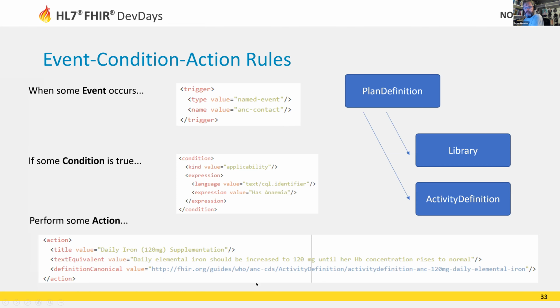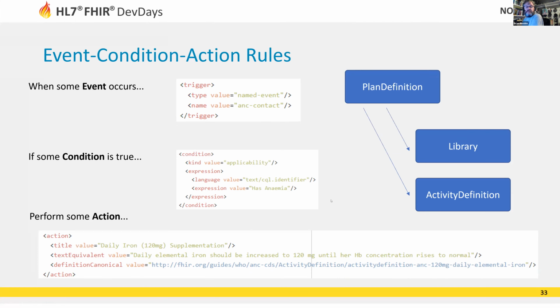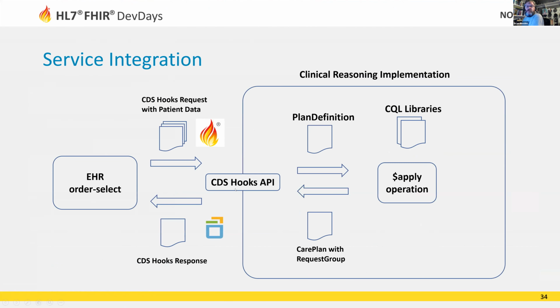So that references an activity definition that's a template for constructing a medication request to actually prescribe 120 milligrams of daily elemental iron to the patient. And then you can pull all of that together, plug it into a clinical reasoning implementation, and then that is exposed using CDS Hooks.